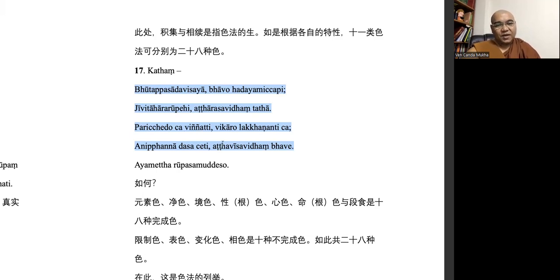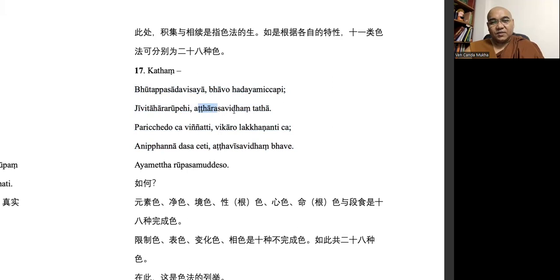So we get Anipphanna Dasa, the remaining 10: Pariccheda 1, Vinnatti 2, Vikara 3, Lakkhana 4. Altogether 10. These 10 Rupas are named Anipphanna Rupa. They are not real Rupa. Dasa means 10.